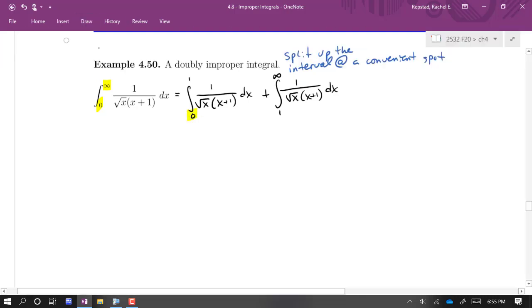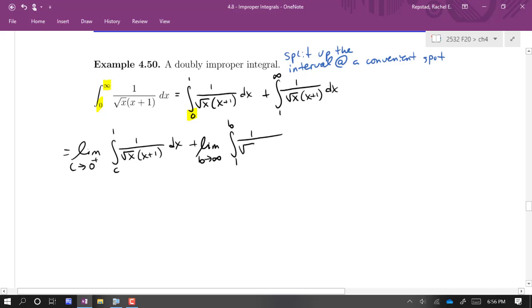So I'm going to set this up as the limit as c approaches 0 from above, from inside the interval, the integral from c to 1 over root x times x plus 1, plus the limit as b approaches infinity, the integral from 1 to b of 1 over the square root of x times x plus 1.